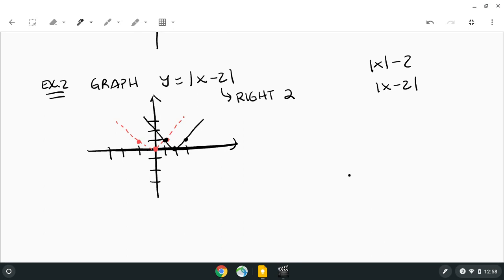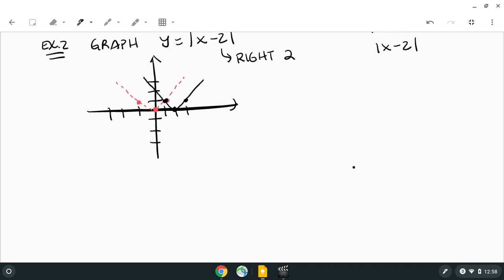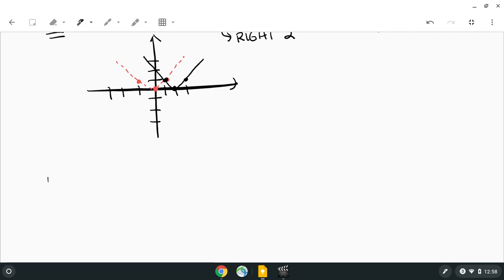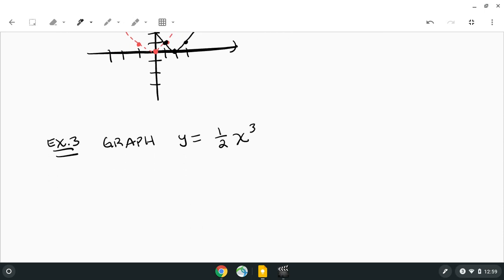Okay, and let's take a look at the transformation where we have to multiply. Suppose that I want to graph y equals 1/2 x cubed. Okay, so this is a multiplier. And we said this will either stretch it or shrink it. If it's a number bigger than 1, then it will stretch it.